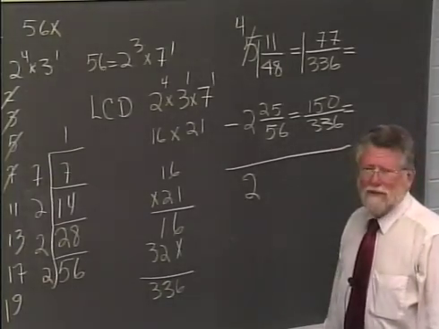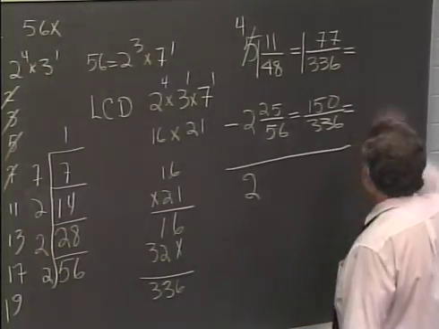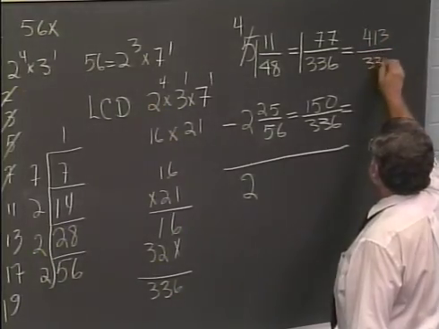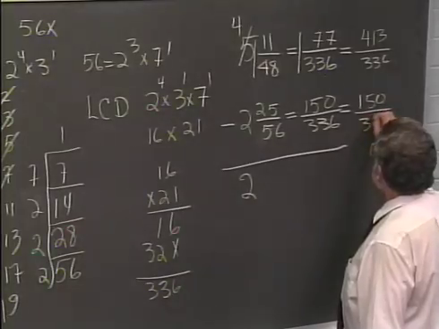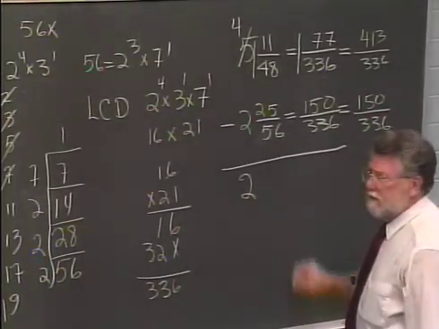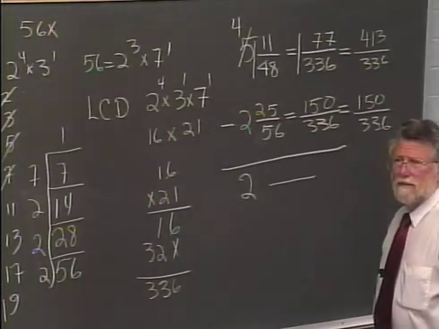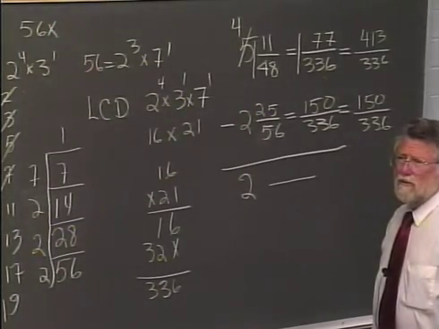A couple head bobs. We're getting a little bit more agreement. So I have 413 over 336. I have 150 over 336. Okay, I'm waiting. We're nearly done. It's 486 over 330. I'm subtracting. Oh, that was a great answer for addition.